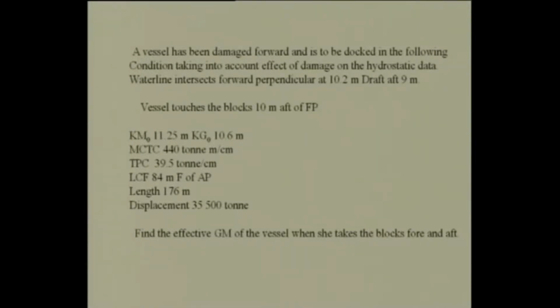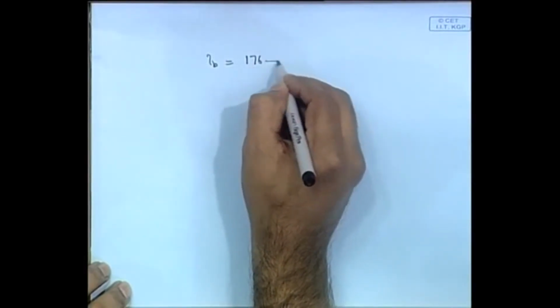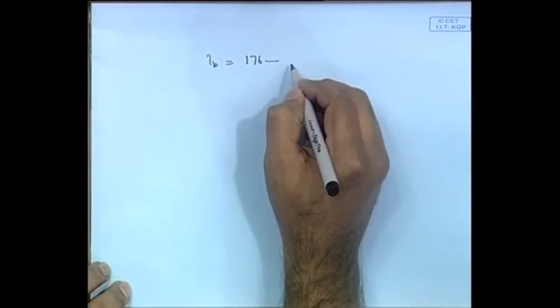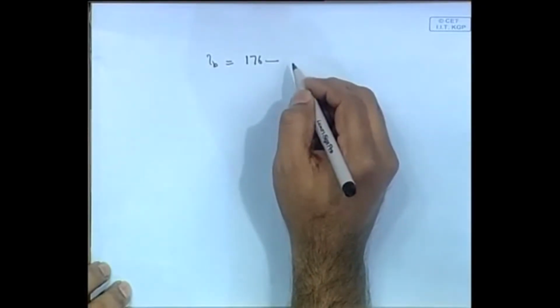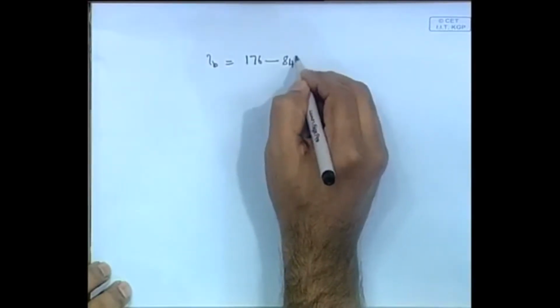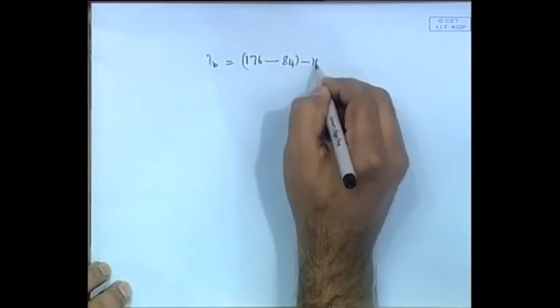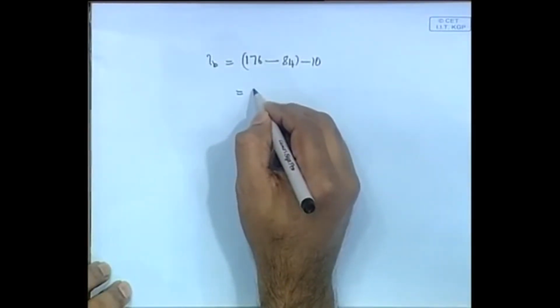So, you need the length. It will become like this: length 176 minus 84 will take you to the LCF, minus 10 will give you the distance between LCF and the, what is this?